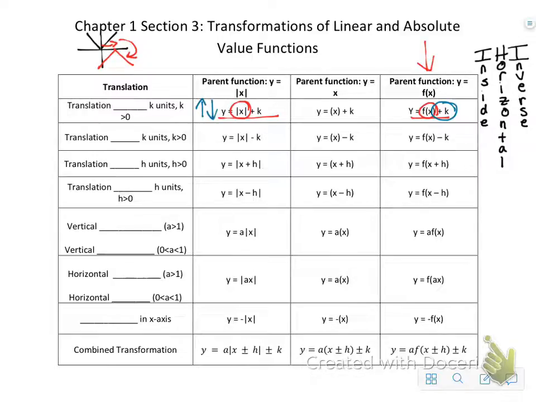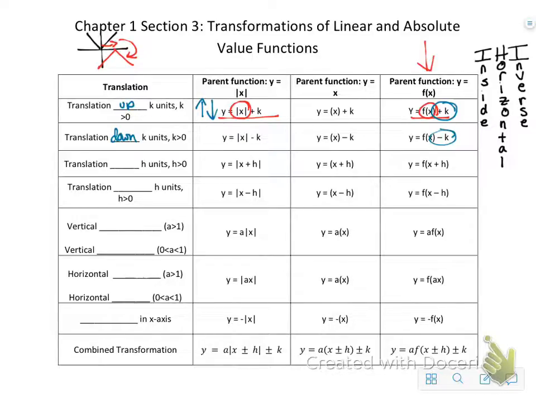Because it's positive, it's going to go up, and when it's negative, when it's minus like this, it's going to go down. So there's a vertical translation, up or down, because the k is outside. It's being added to the end.